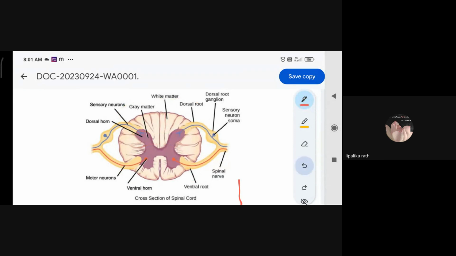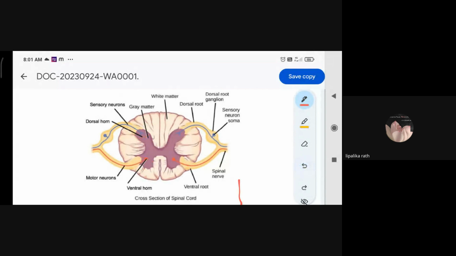So these horns of gray matter are also known as ventral horns and dorsal horns, 2 ventral horns and 2 dorsal horns.